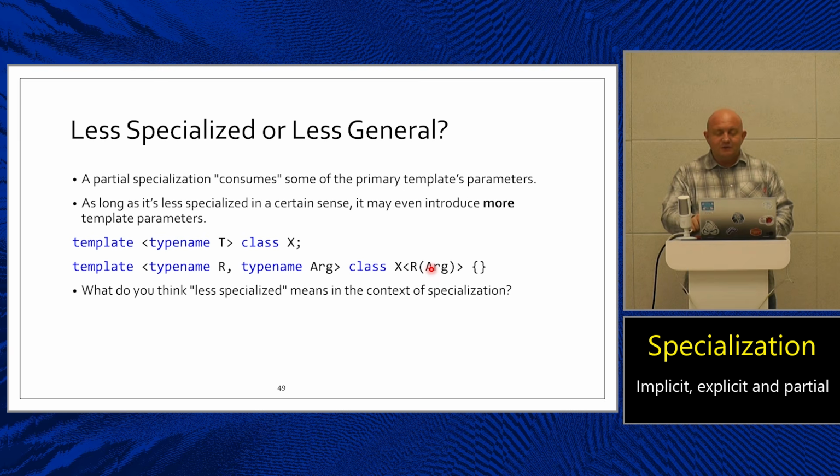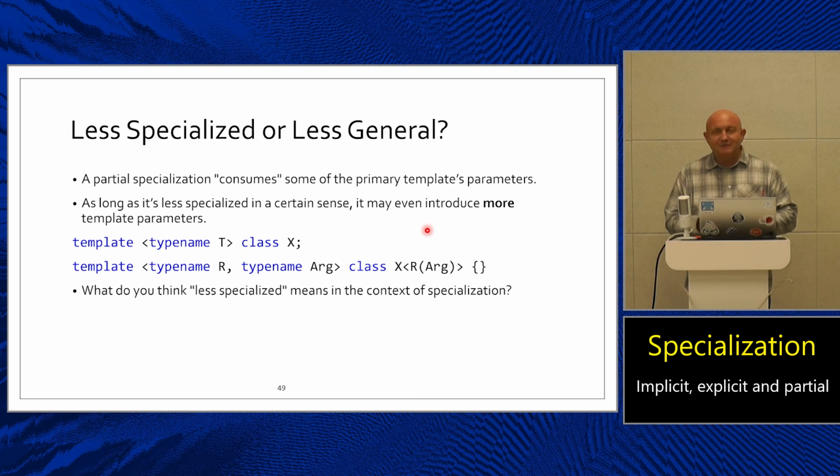The primary template is more general, and this one, despite having two template parameters, is more specialized. How should we think about this? The specialization must consume all the template parameters of the primary template in one way or another. And then it's free to introduce as many new ones of its own as needed. And this makes it more specific if it consumes something more specific than a general parameter.